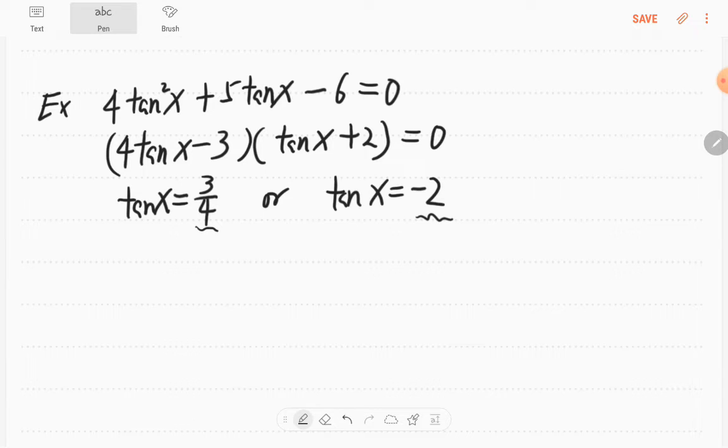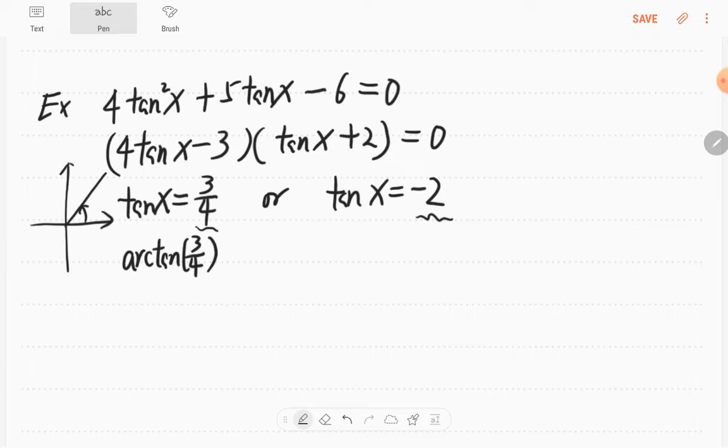It tells you that there is an angle which is called arctangent of 3 over 4, which is in the first quadrant, right? So this angle is here, right? This is the arctangent of 3 over 4. Okay, so this is this angle and the reference angle, right?